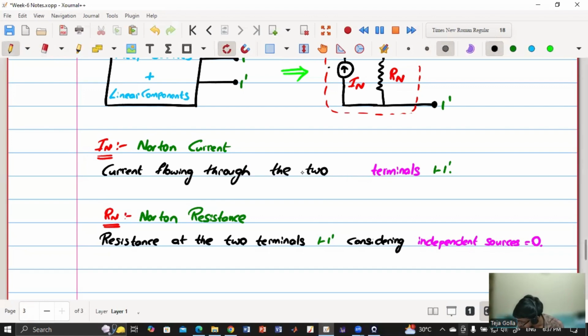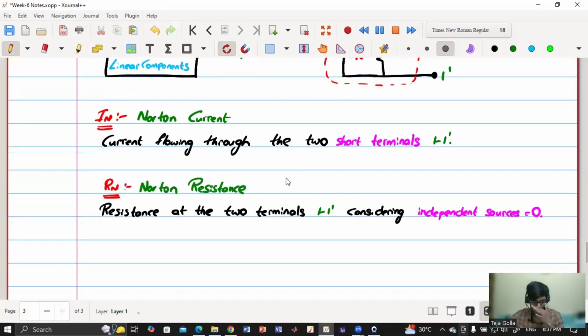So we have to short it and then calculate the current. And Norton and Thevenin resistance are both the same. Only we are writing it as Rn and Rth, but both are the same. Kindly note that. R Norton is the same as R Thevenin, but they are just using a different notation.